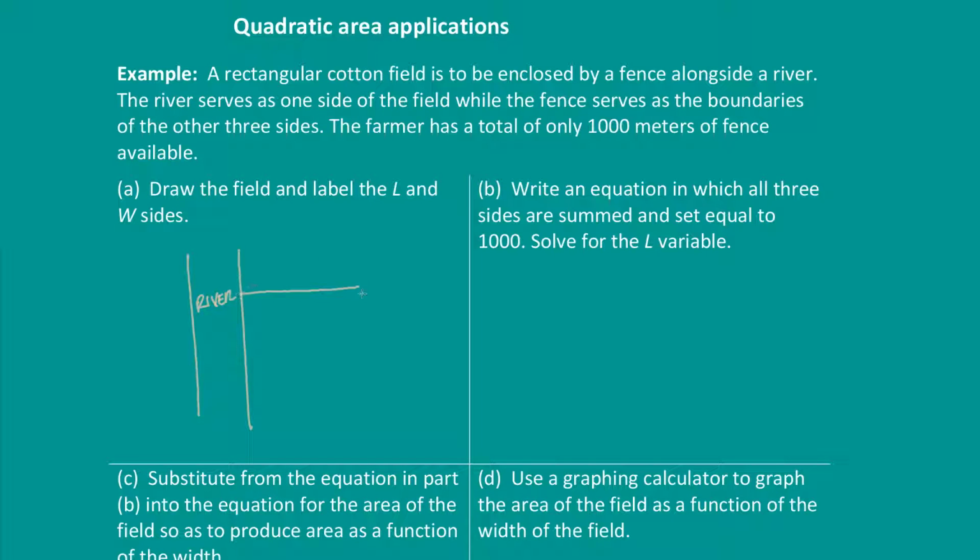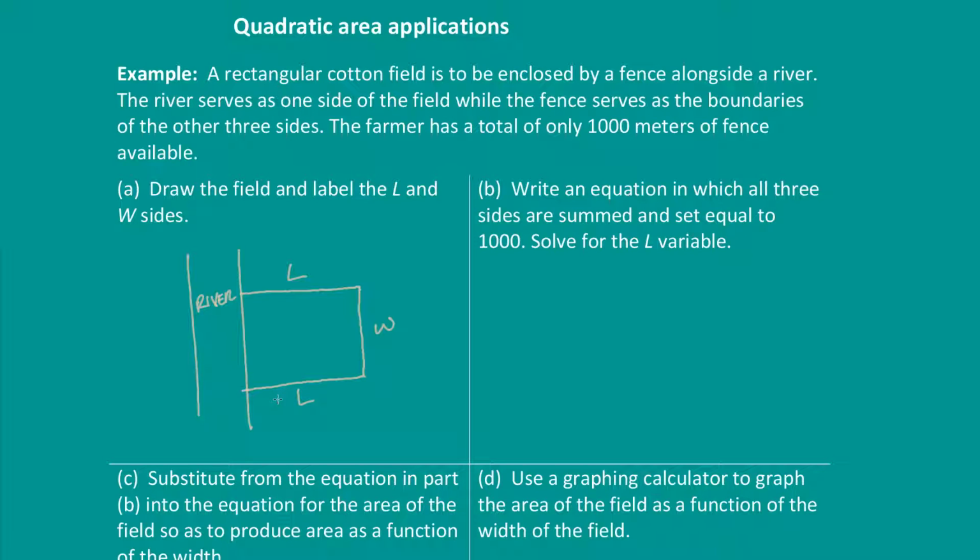So we'll have three sides that enclose this rectangle, with one side being part of the river. If we know that this is our width, this is our length, because this is a rectangle, if this is our length, this is also our length. So that's our setup. That's how we would draw that out.